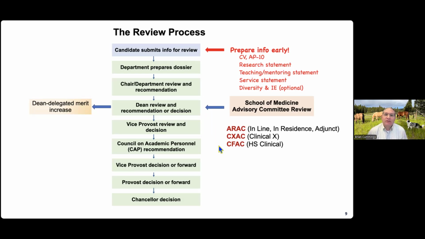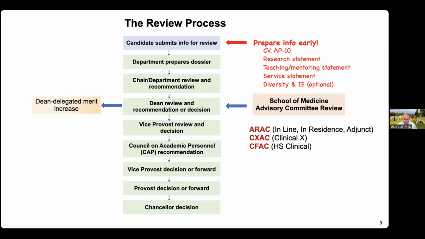And those subcommittees meet, they evaluate your file, and they're trying to look at your accomplishments and your research, your teaching, and your service, and put that into context of all other departments, because it's very hard to compare across departments. So inside the School of Medicine, we're better equipped to evaluate that than outside in the main campus.